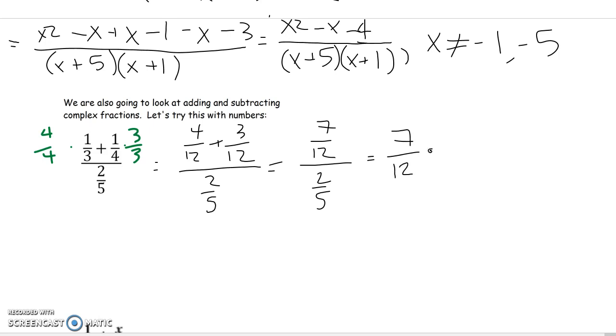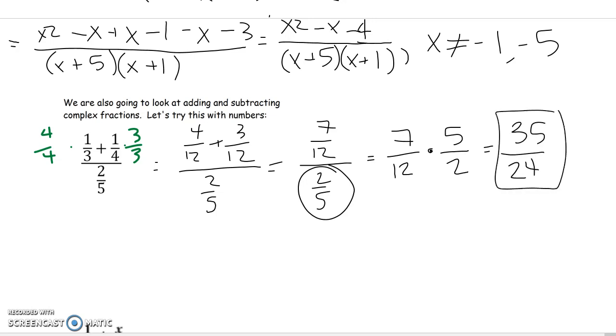So we are taking 7/12 and multiplying by 5 divided by 2. When you multiply those two fractions, you get 35 divided by 24, which can't be simplified anymore. So that is how we simplify that complex fraction.